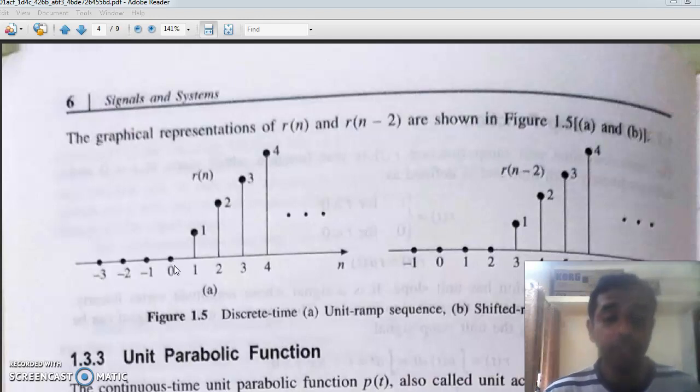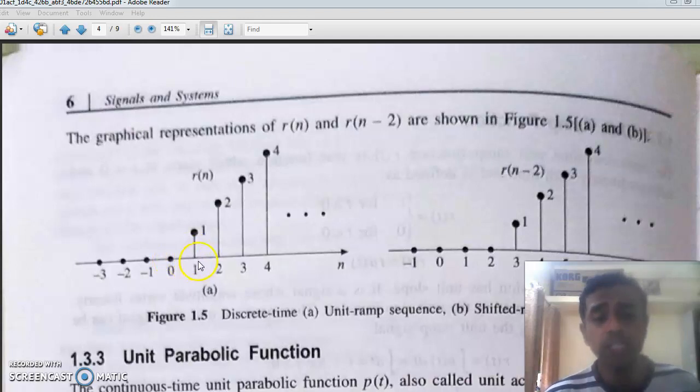There was a confusion in the last class. Where is the signal starting? At 0 there is no value, so one can argue that the signal starts at n equal to 1, because there is no signal at n equal to 0.